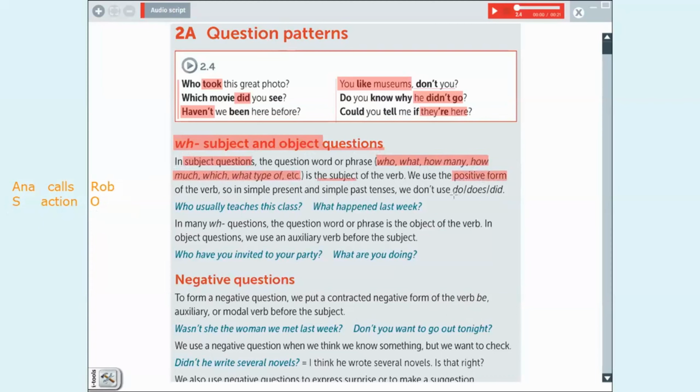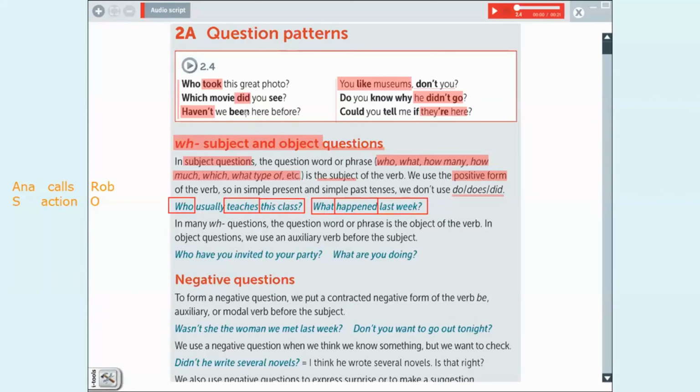We don't use do, does, did with this type of questions. Because the WH is the subject, the verb is spelled in the grammar tense we need, and then the complementary information. So we have a WH, verb, and the complementary information.